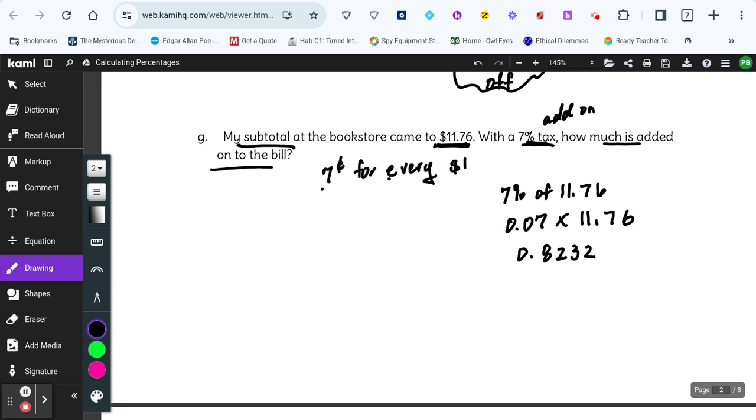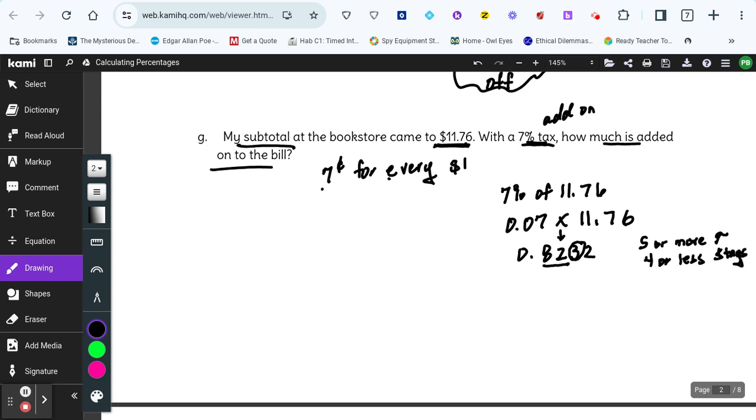Now, since we're talking about money, we only go to the nearest hundredth, which is where that 2 is. But this 3 will tell us whether to leave this at 82 cents or go to 83 cents. Remember, if it's 5 or more, the number goes up. If it's 4 or less, the number stays the same.